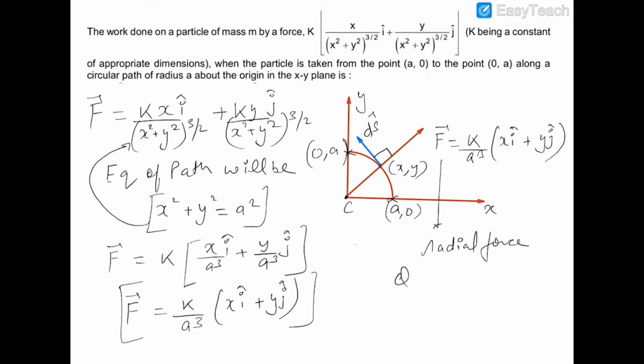So the angle between ds and F will be 90 degrees, and therefore work done, which is F dot ds, will be 0. So the work done by this force in displacing this particle from the first point to the second point will be 0.